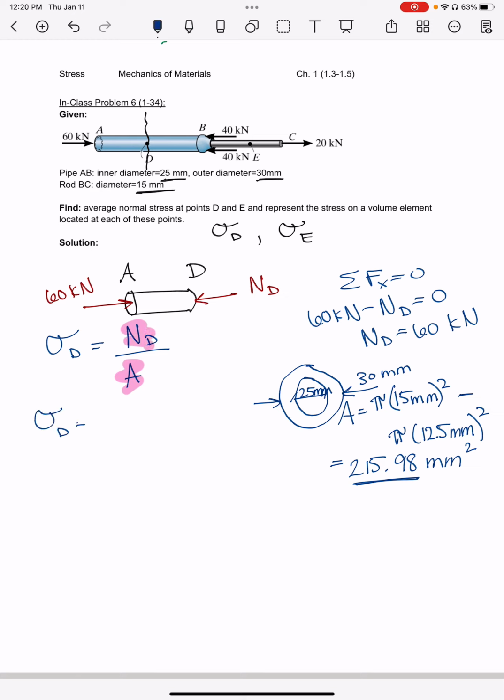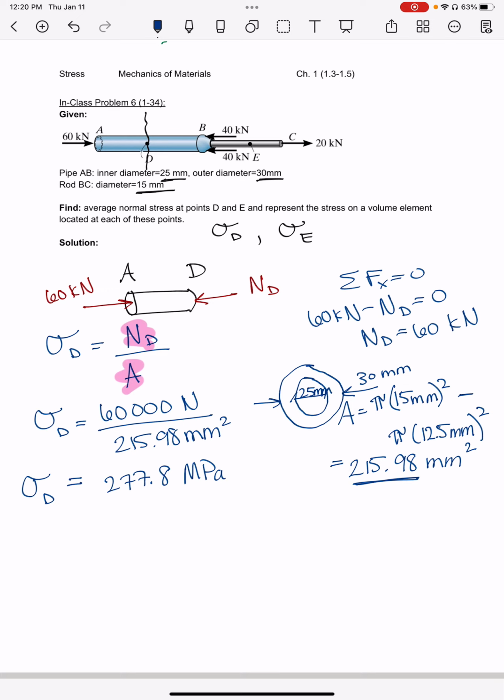So the stress at D equals 60,000 newtons divided by 215.98 millimeters squared. And we know newtons over millimeters squared are megapascals. And so with that, we get 277.8 megapascals. And that would be in compression.